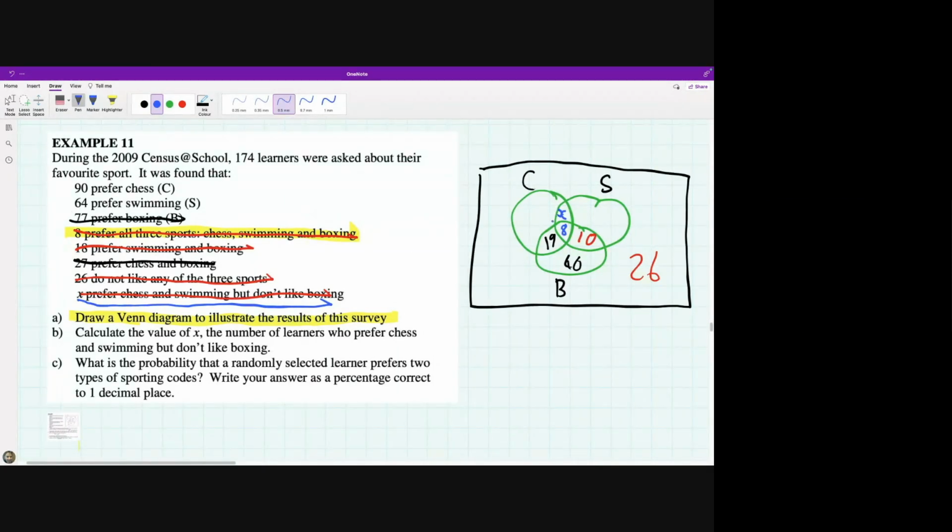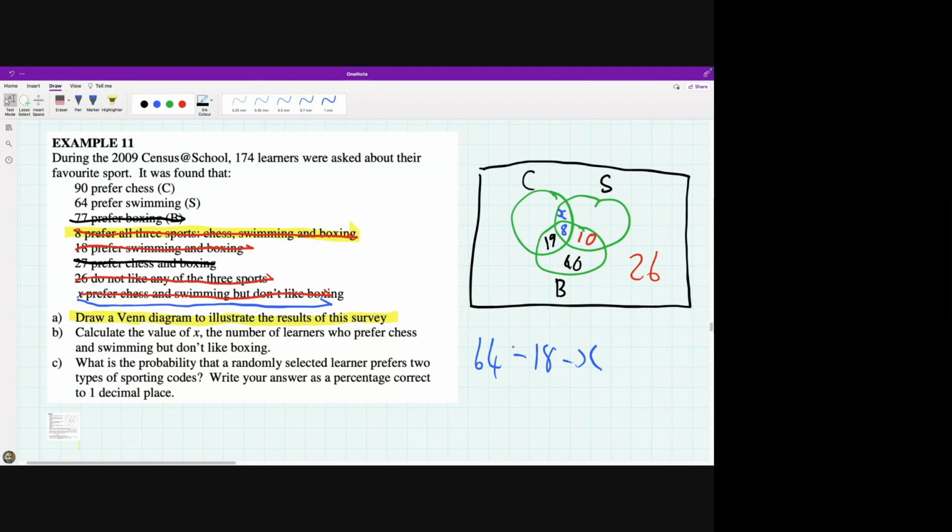64 prefers swimming. Okay, now I've got a bit of a problem. I need to incorporate x. So for the swimming here, I'm going to have to go 64 minus 18 minus x, because those are the things I've already got here.